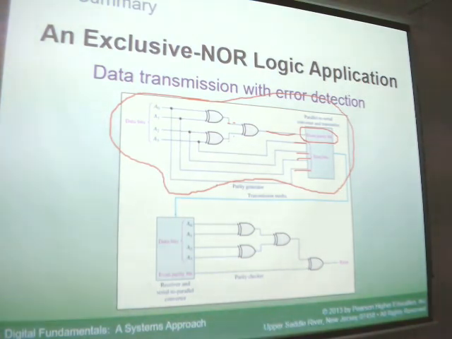So when there is an even number of ones, the output is 1. We must construct the truth table.